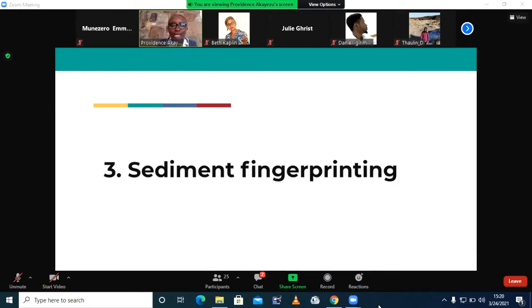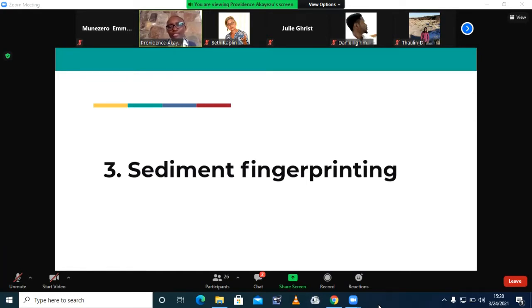Now, as we have understood the different aspects of the catchment, we can come to understanding our tool, the sediment fingerprinting, which allowed us to identify where the sediments, the different soil particles in the river, come from.